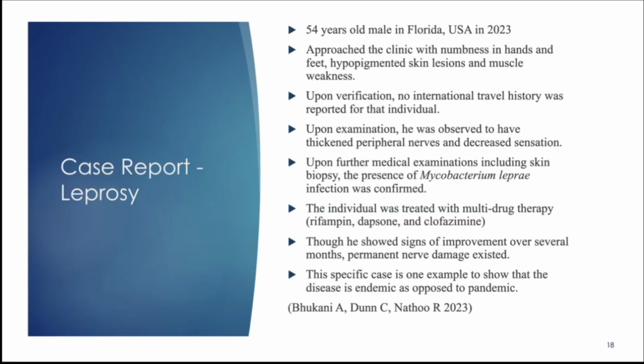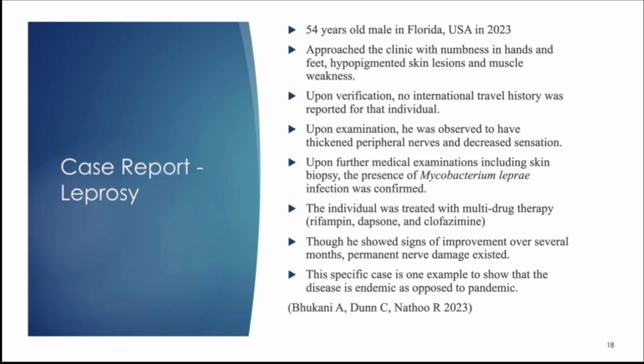And an interesting case report is in the country of USA, where there is a 54-year-old Florida male in the year of 2023 who showed signs of this disease. And upon doing some research, health authorities found out that this man has not made any kind of international travel. But still, he was somehow able to contract the disease.